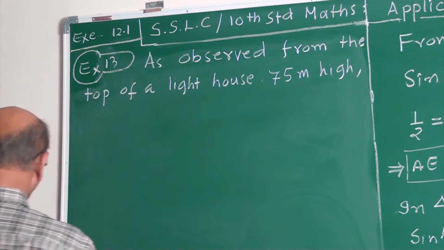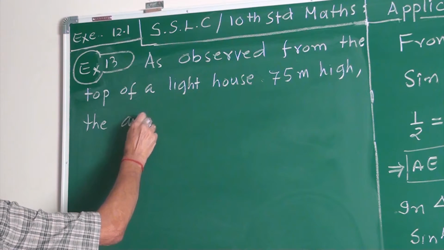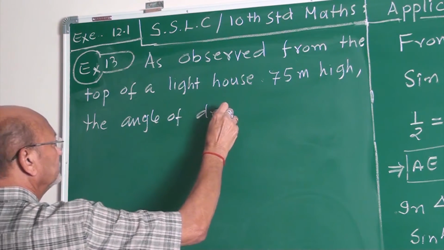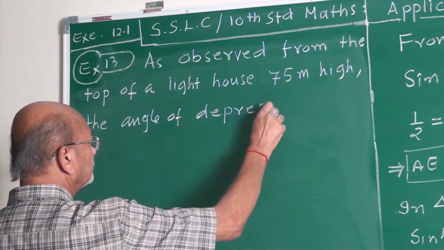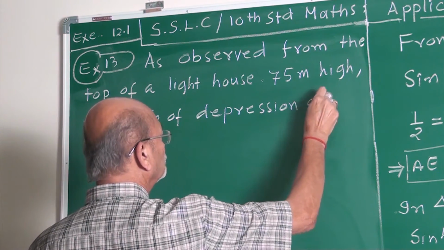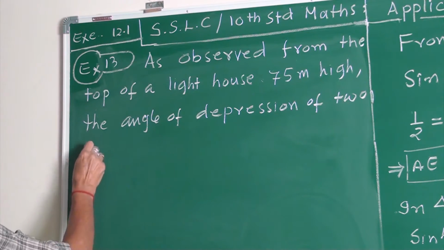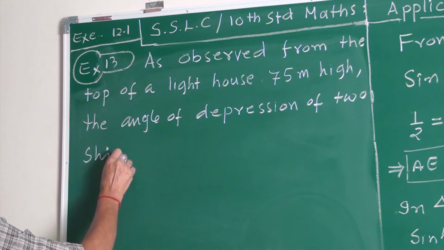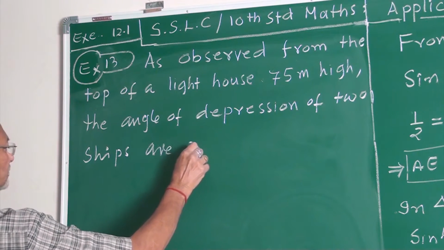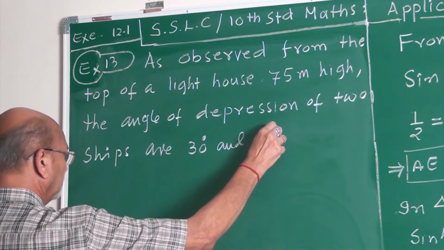The angle of depression of two ships are 30 degrees and 45 degrees respectively.